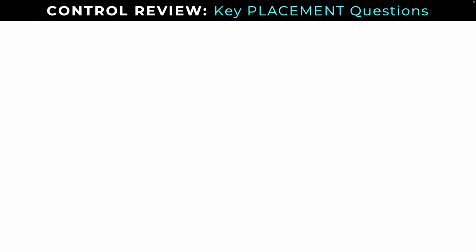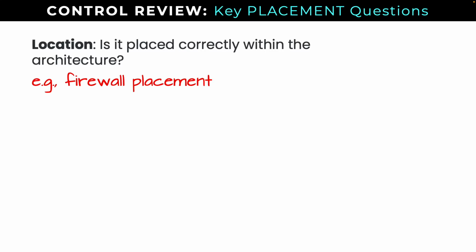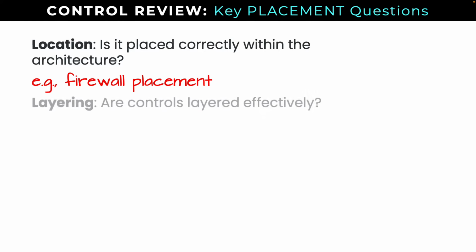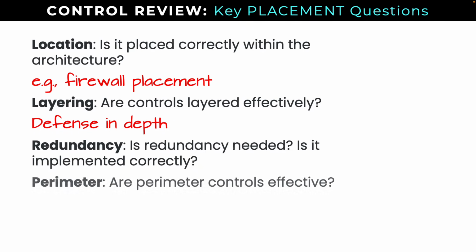Next, we have placement questions. So location. Is it placed correctly within the architecture? For example, did we put the firewall in the right place at the edge of the network? Layering. Are controls layered effectively? We want to make sure that we have defense in depth, a layered defense in place. Redundancy. Is redundancy needed? Is it implemented correctly if we did need redundancy? Perimeter. Are perimeter controls effective?